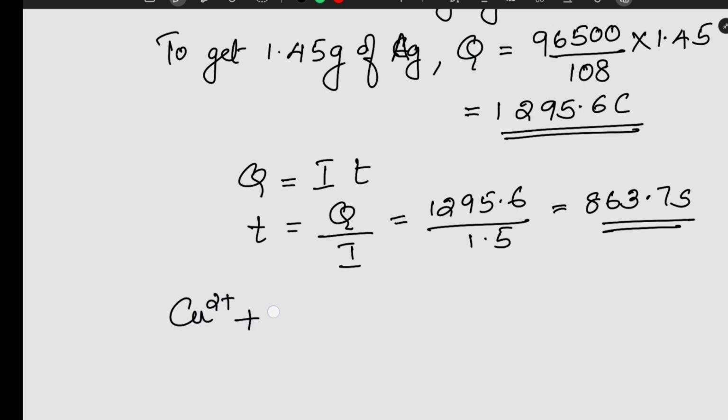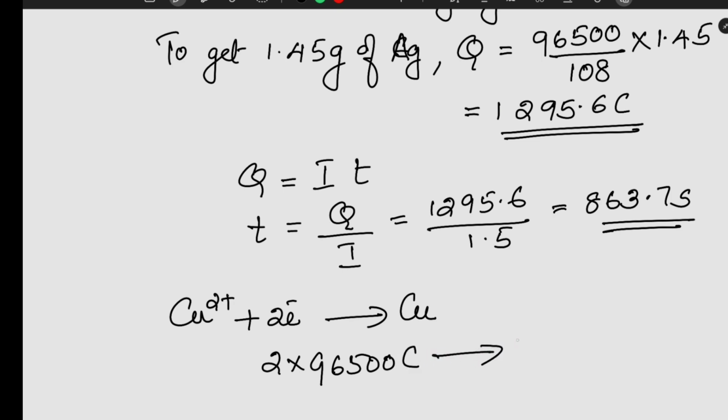Similarly, we can calculate for copper also. Cu2+ plus 2 electrons gives Cu. So 2 into 96,500 coulomb, that is 2 Faraday, will give you 1 mole of copper, that is 63.5 gram copper.